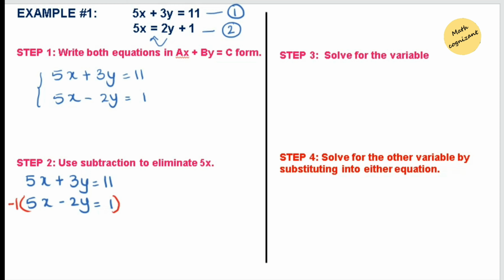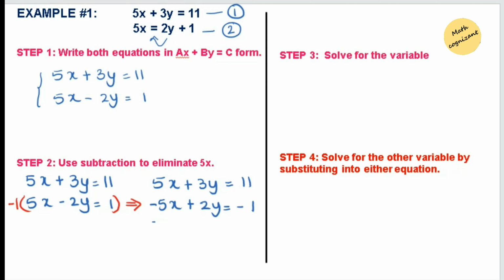So when second equation is multiplied by -1, we can easily subtract and eliminate one of the variables. So let me write down the first equation as it is, equals to 11. Now negative times positive is negative 5x, negative times negative is positive 2y, and negative times positive is negative 1.